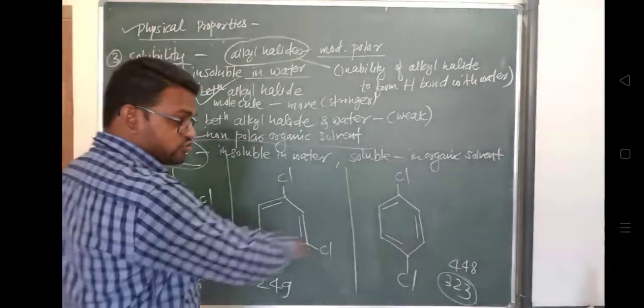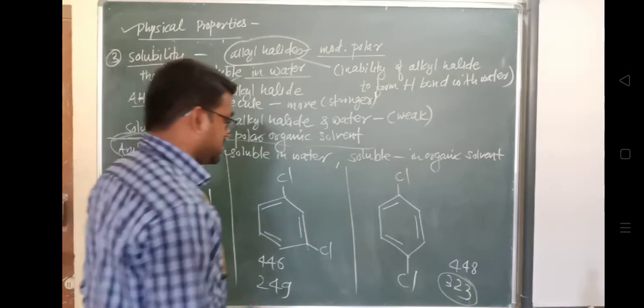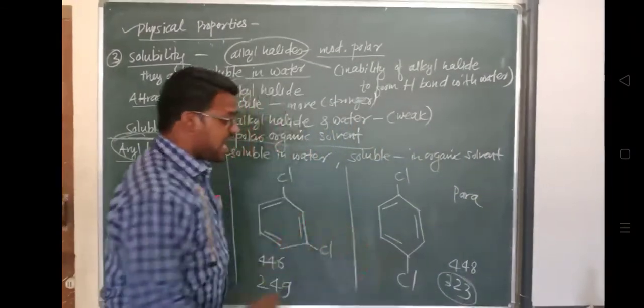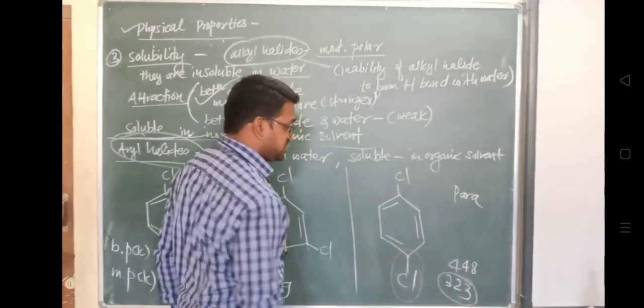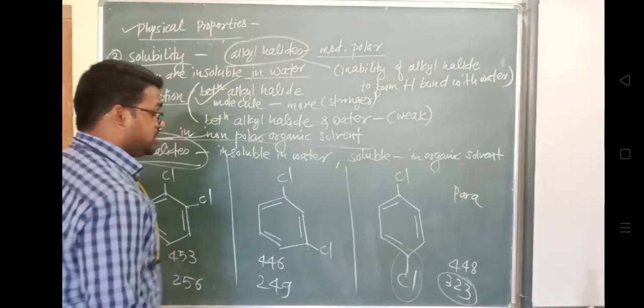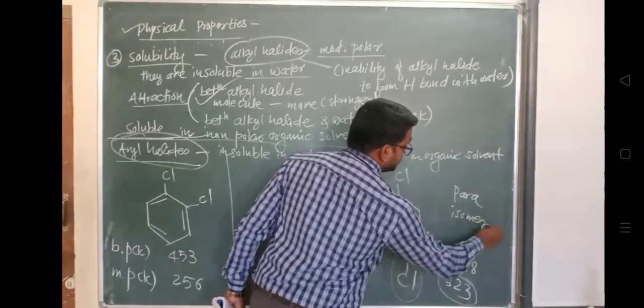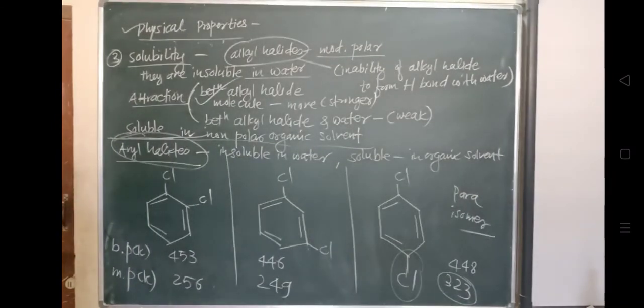Okay, these are isomers, same molecular formula but different structure. Whenever this aryl ring से ये जो नीचे attached होता है, this is called a para position. So in case of para isomer, the melting point is higher as compared with the ortho and meta. The melting point of para isomer is quite high compared to the ortho and meta isomers.